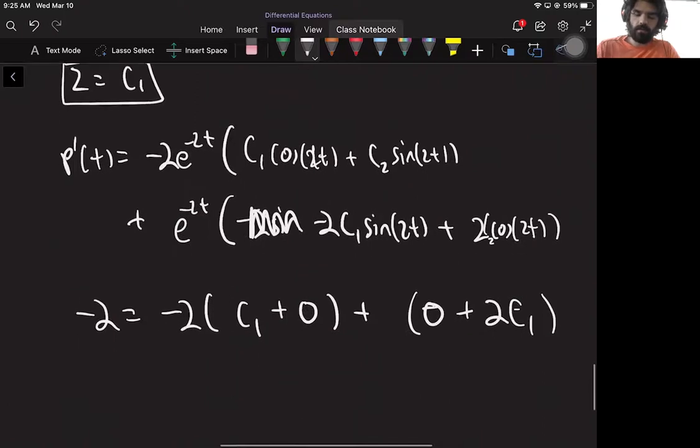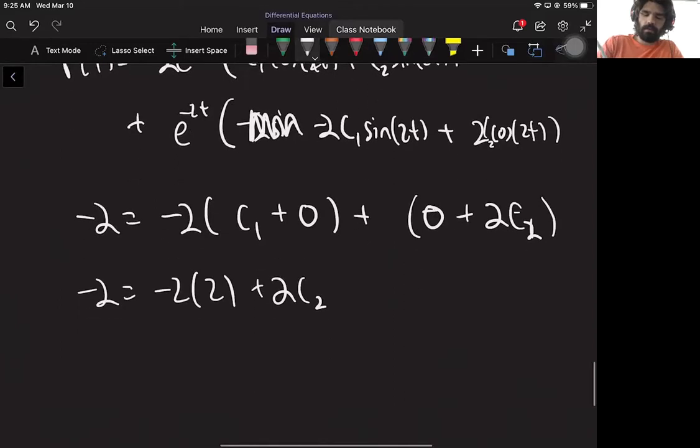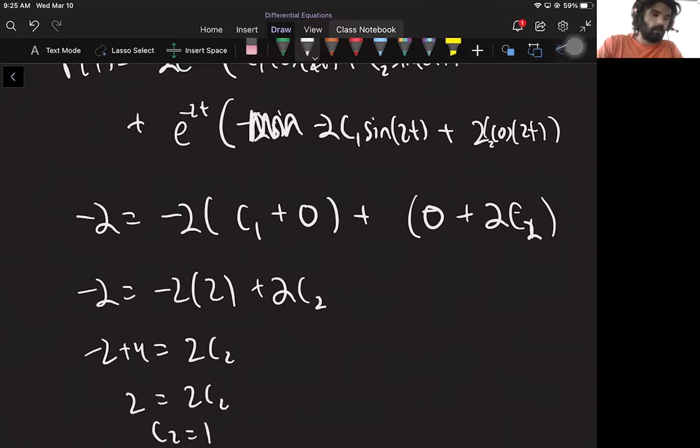C1 I already know is 2, so why don't I just plug that in? Oops, that's a C2, sorry. So this is the hard part: negative 2 plus 4 equals 2C2, 2 equals 2C2, C2 equals 1. Great.